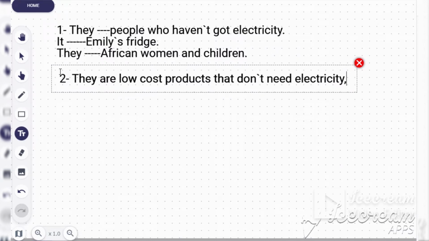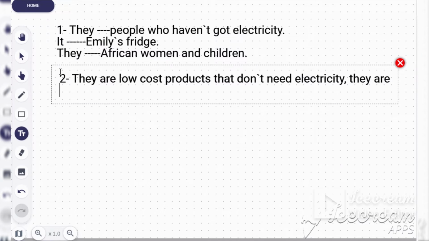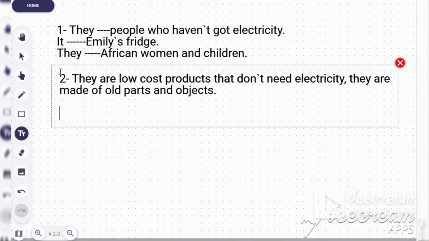They are made of old parts and objects. Also, they are made of old parts and objects. People can use them.